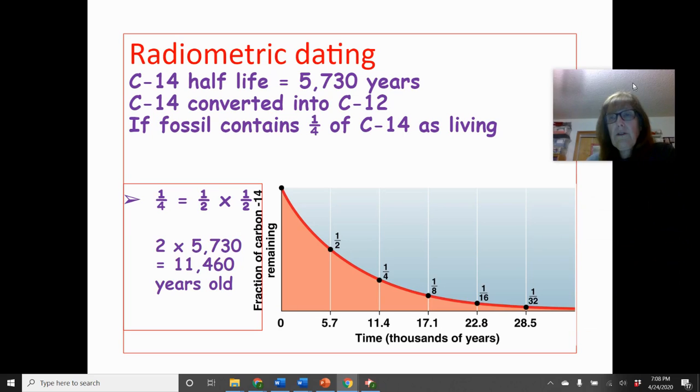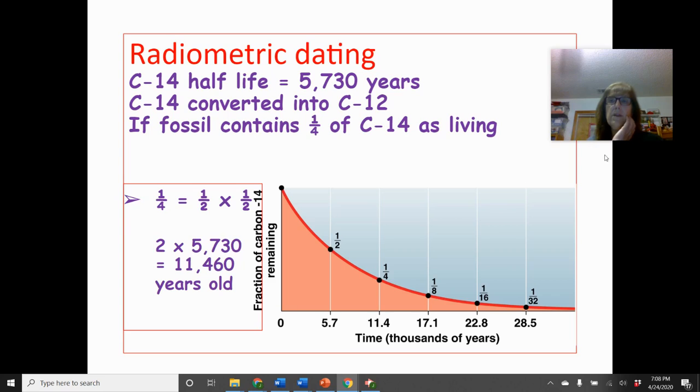So here's another little look at radioactive dating or radiometric dating. Again, we know C14 has a half-life of 5,730 years. What I like to do is just set out myself a little timeline.